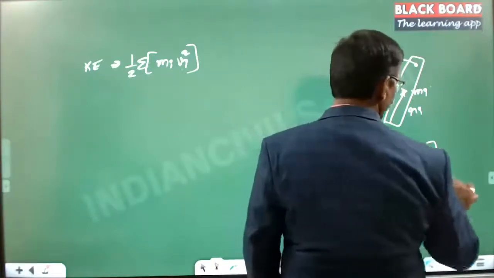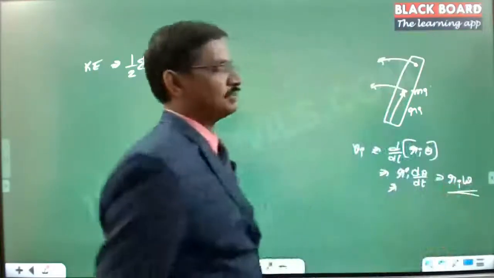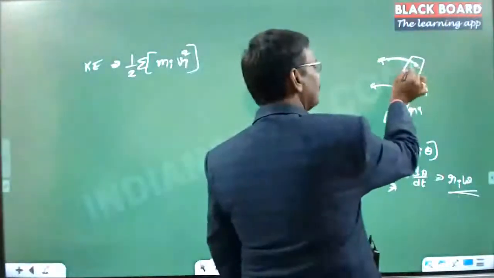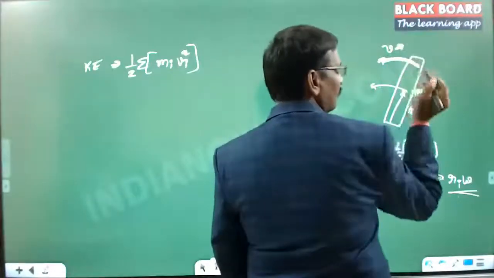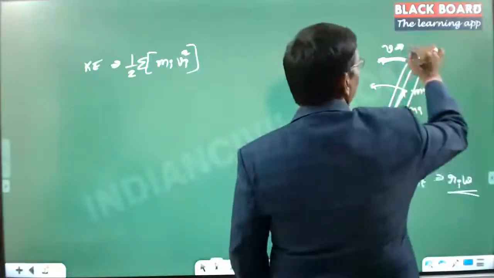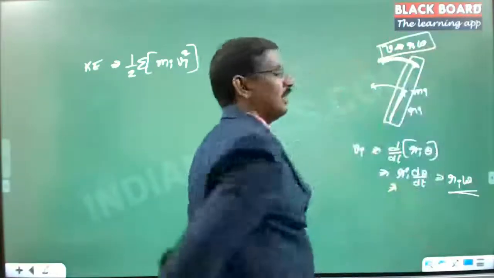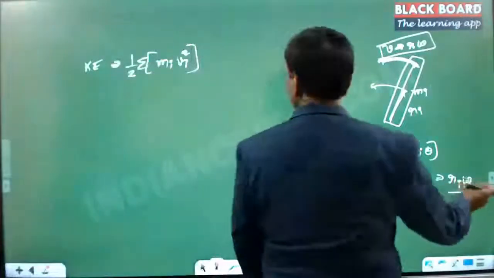So this is r_i into omega. We popularly know that the linear velocity v is always equal to the radius multiplied by the angular velocity omega. You might already be aware of it. So v is equal to r into omega. That's exactly what we have done here.